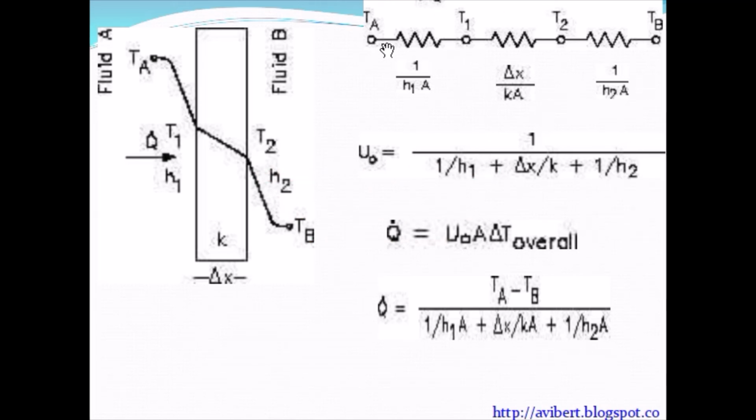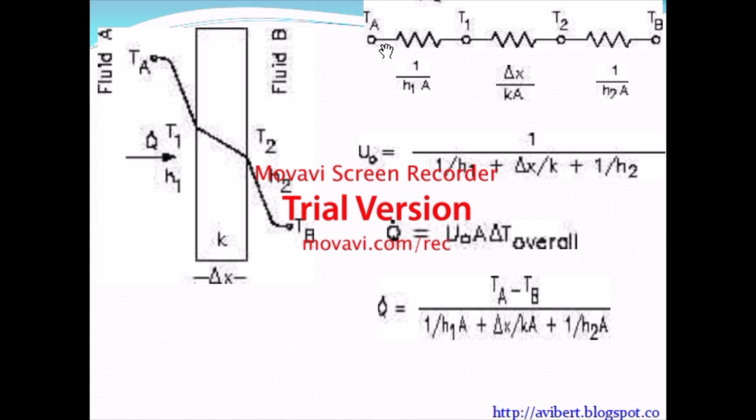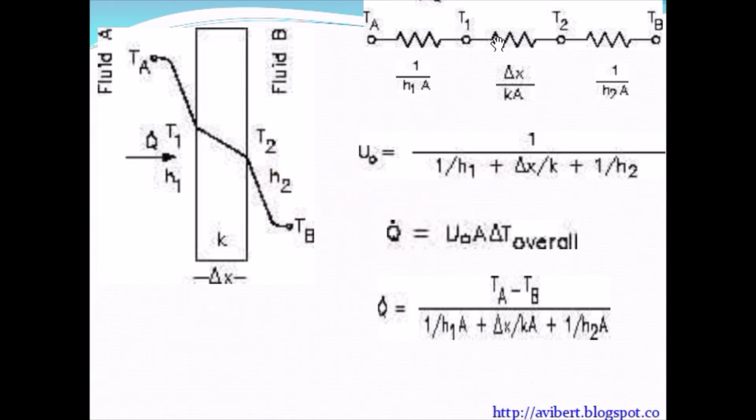So we consider by calculation the resistance to flow, and we can describe the condition like this: this is the inside of the tube, this is the wall of the tube, and then the outside of the tube.